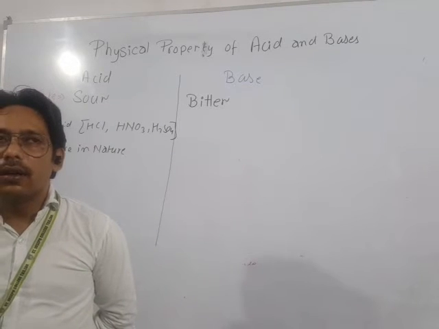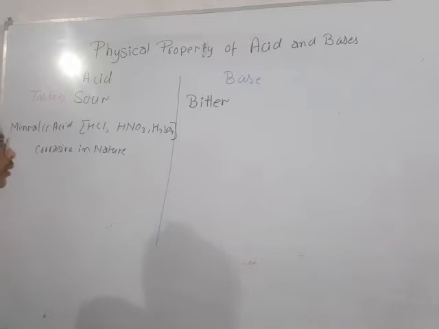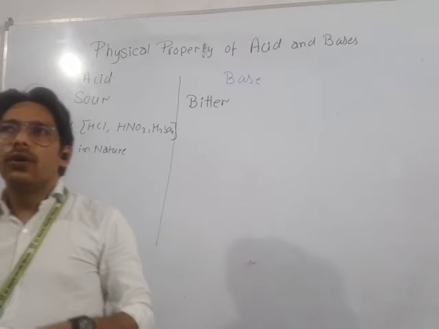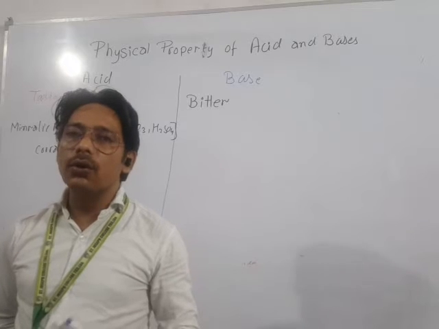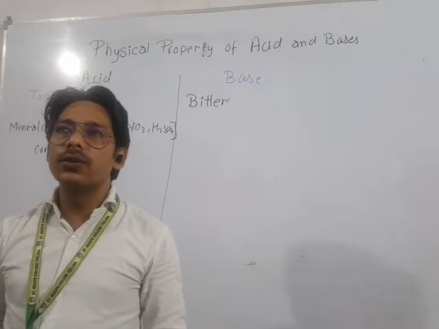Do you know about it? Corrosive means it just removes the top layer. So these acids, when introduced over the metal or the marble, remove the topmost layer.